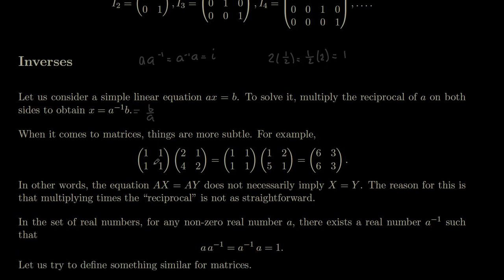in general for matrices. We can check that I can have, for example, this would be playing the role A, and this could be the role of X, and then this would be the role of A again, and this would be the role of Y. If AX equals AY and you divide both sides by A, quote unquote, then you should get that X is equal to Y. But you can clearly see that X, 2, 1, 4, 2, is not equal to Y, 1, 2, 5, 1.